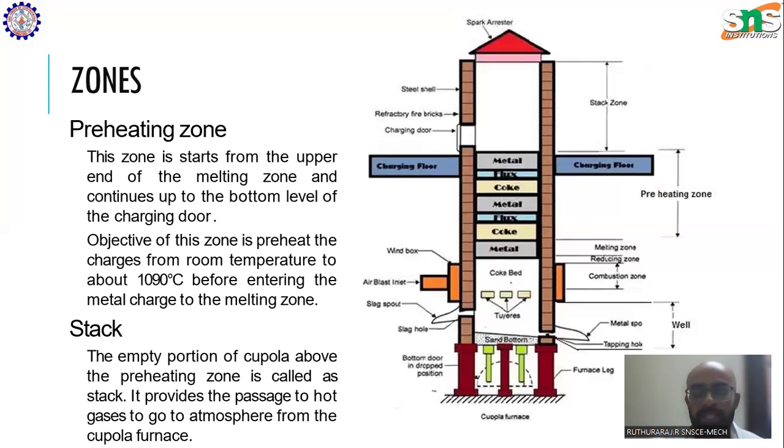Then there are the preheating zone and stack zone. The preheating zone is the zone which is above the melting zone. I said the furnace will be about 60 to 80 feet high. There will be stacks of coal, metal, and flux stacked one above another in the furnace itself. The purpose of that stacking is to preheat the material before it is melted.